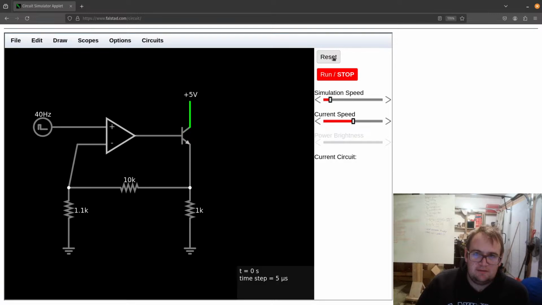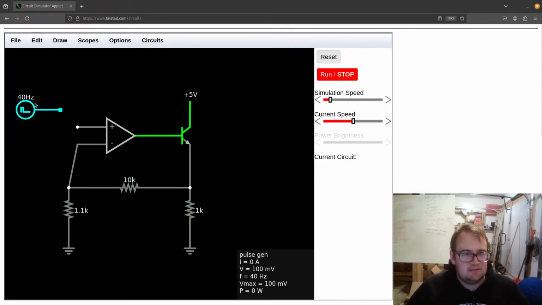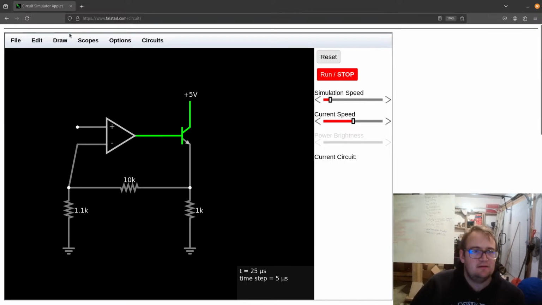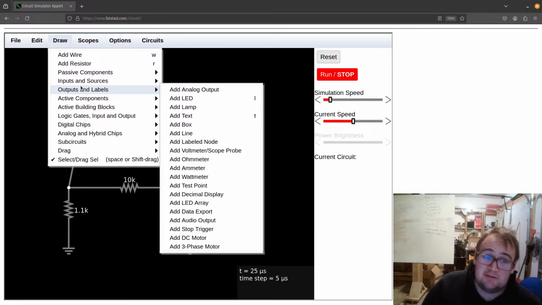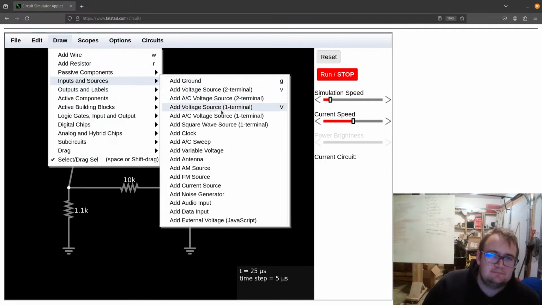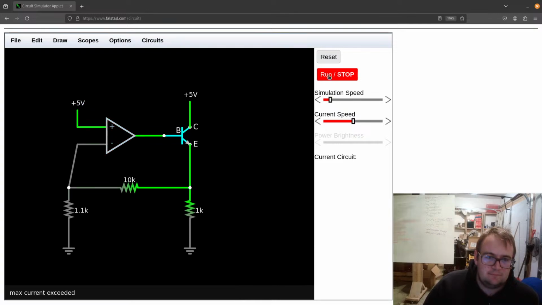Convergence failed. Let's just try with a regular voltage source. Yeah, max current exceeded.